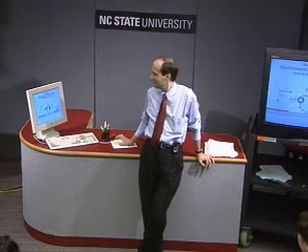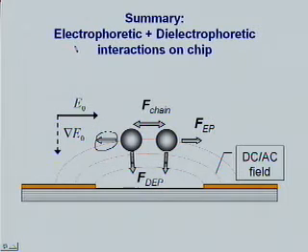I have combined here, like, just read the title, electrophoretic plus dielectrophoretic. Right. Let's say, if a particle is positively charged and you apply negative potential on that electrode, the particle is going to move towards the electrode. If you don't apply any constant potential, but if you apply alternating field, you can move the particle in the gap or out of the gap, depending on the frequency.